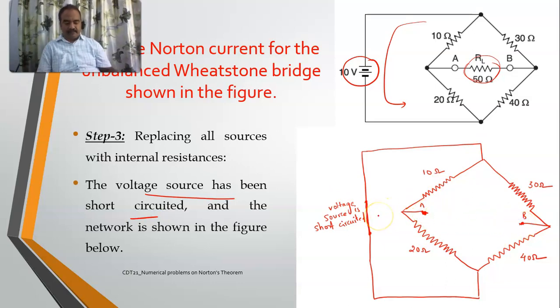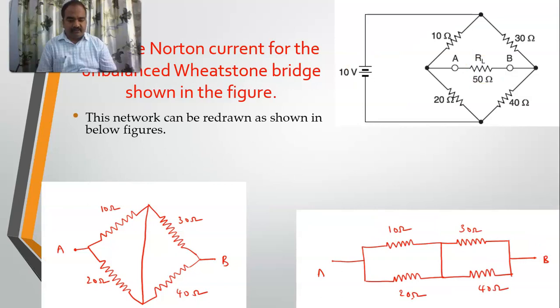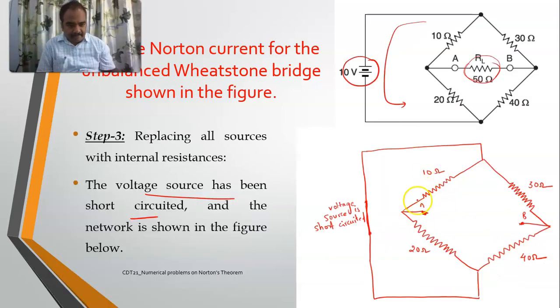Now, for easy understanding, let us redraw this figure. When I redraw this figure, if you carefully see, I am shifting this A and B sideways and I am bringing this point which is joining these two terminals. There is a short circuit between these two terminals, right?